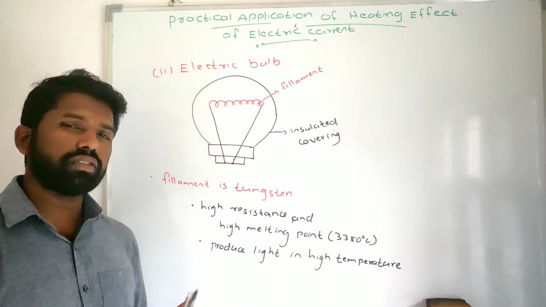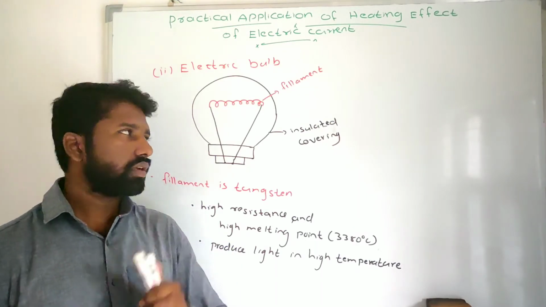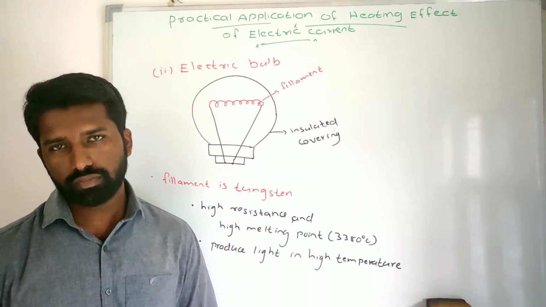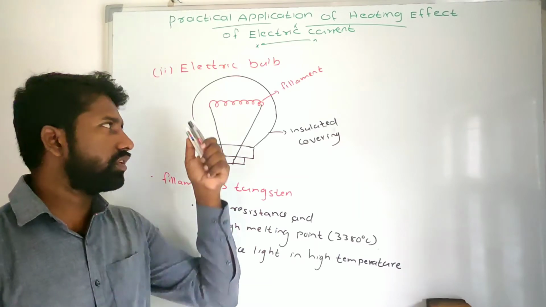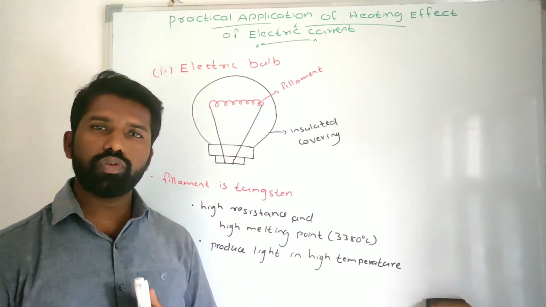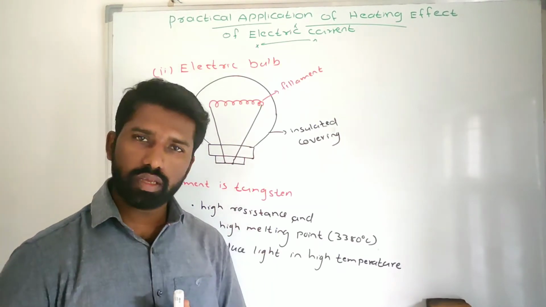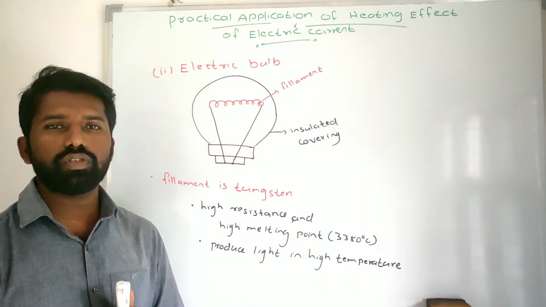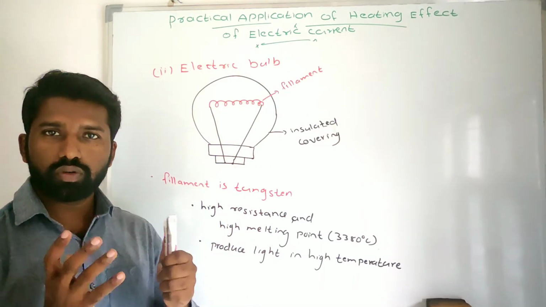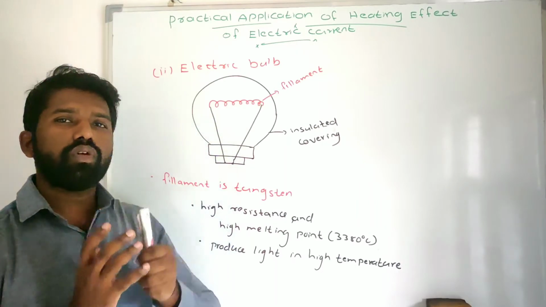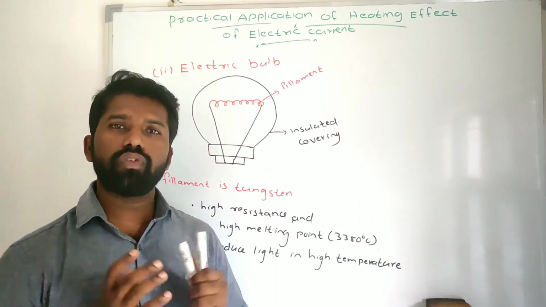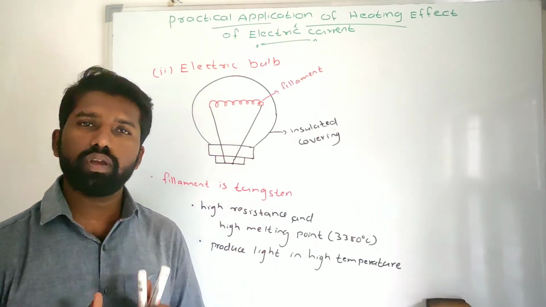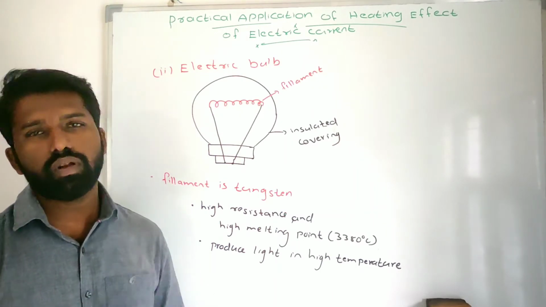Another reason is that at high temperature, tungsten produces light. So when current flows through this filament, it produces heat, the temperature increases, and then it produces light. The major amount of electrical energy is used for generating heat and only a very small amount of energy is converted into light.